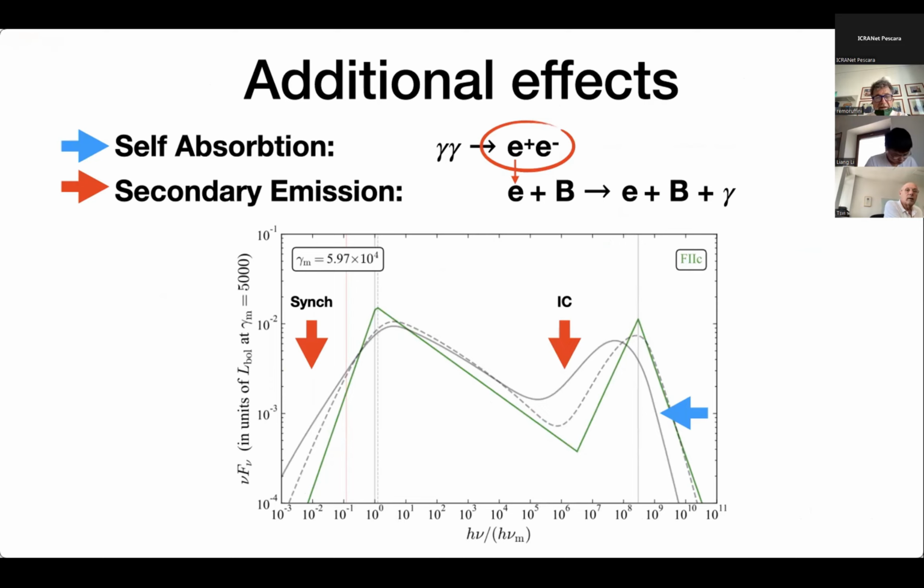And let me tell you again, I don't know if we will have time, but in the binary-driven hypernova model, of course, the system is much more complicated than the collapsar because it has a CO core, which goes supernova, which creates a new neutron star, and together with the CO core, you have a companion neutron star binary.